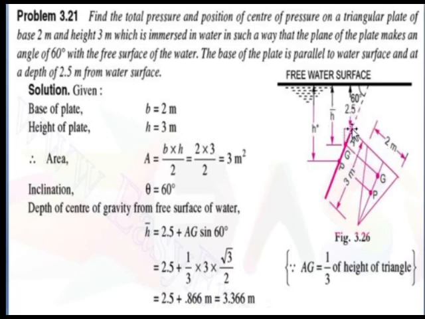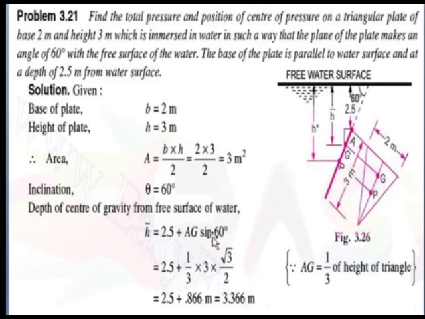Then consider this triangle. We know the distance of AG, which is 1 by 3 of the height of the triangle, and also we know the angle between these, which is 60 degree. So the height h bar, which is the height of the center of gravity from the free surface of water, is equal to this distance 2.5 plus this distance AG sine of 60 degree.